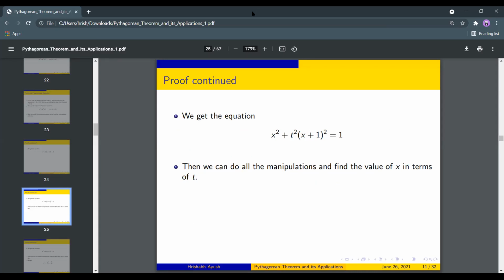So anyone working on it? Okay. When you have done, you can unmute and speak or type it in the chat. Yeah, using quadratic, we find the value.